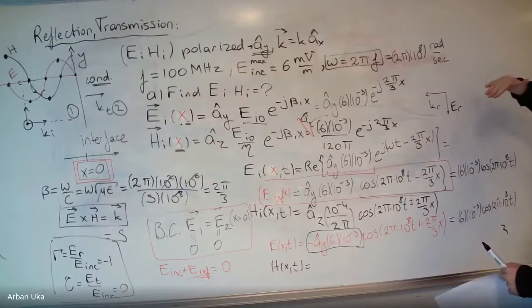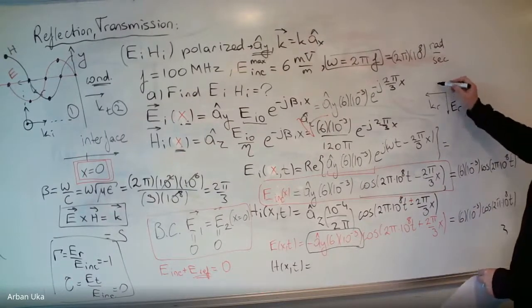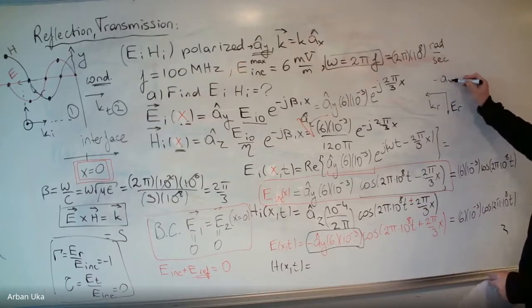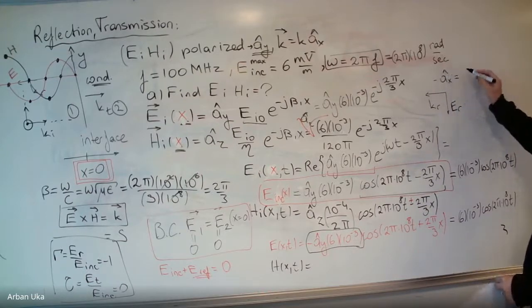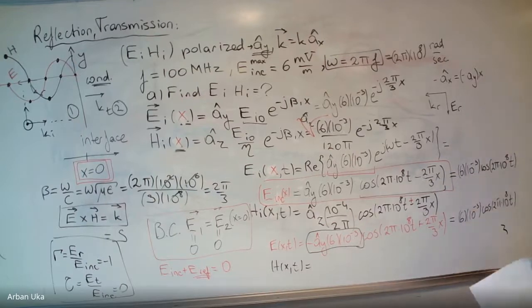KR is minus AX, and this should be equal to the direction of ER, which is minus AY, cross product with what? Here we have AX, AY, and AZ.